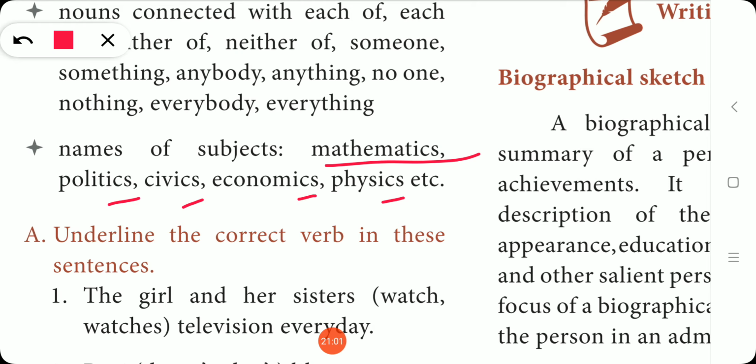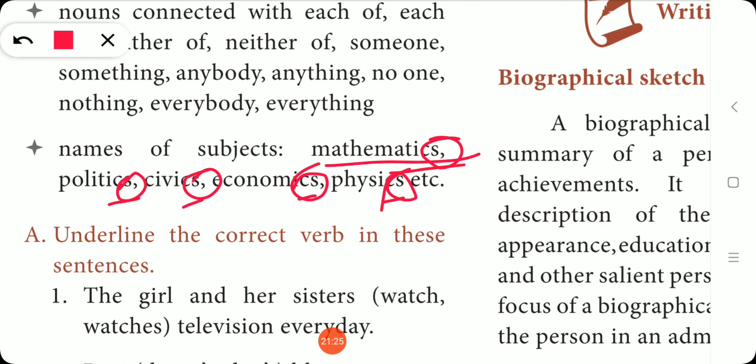Even though all these end with s, they are not singular. They are neither singular nor plural; both are the same. So just because a word ends with s, you should not take it as a singular or plural subject, and you should not use a plural verb based on this.